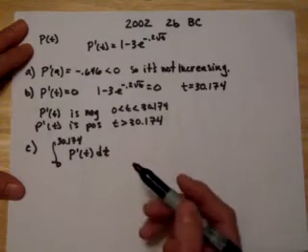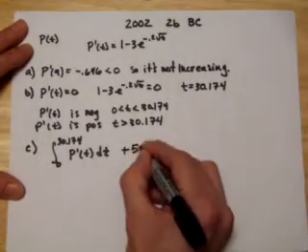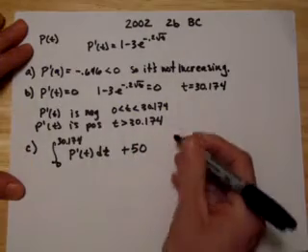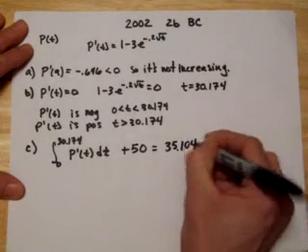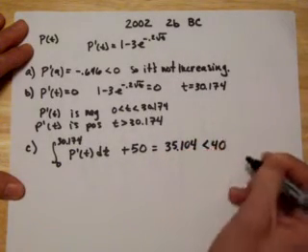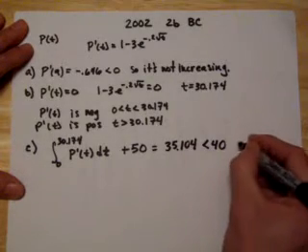It started with 50, so I have to add the 50. And when I do this, I get 35.104, which is less than 40, so the lake is safe.